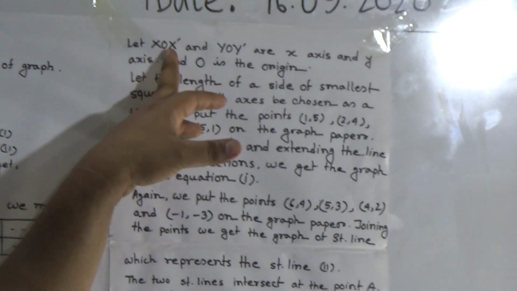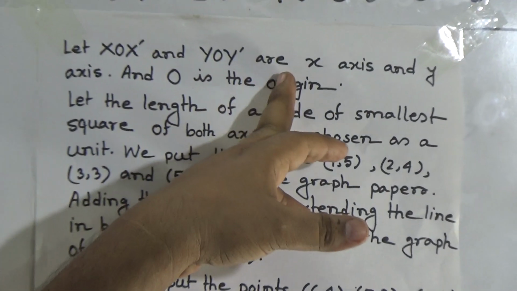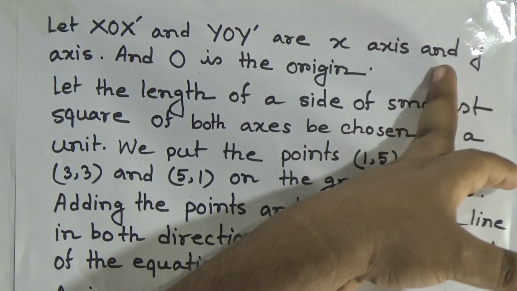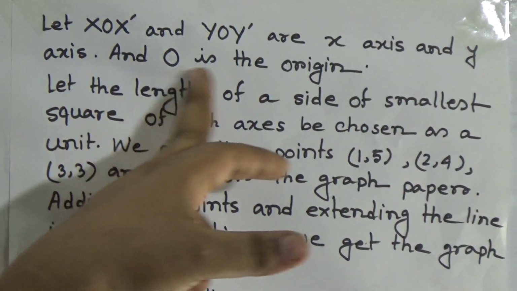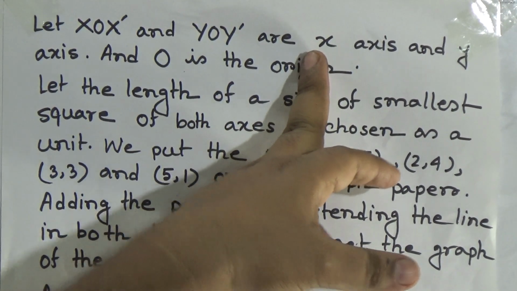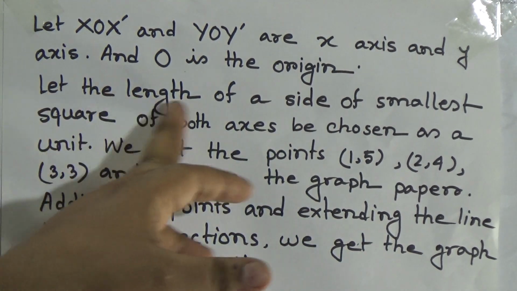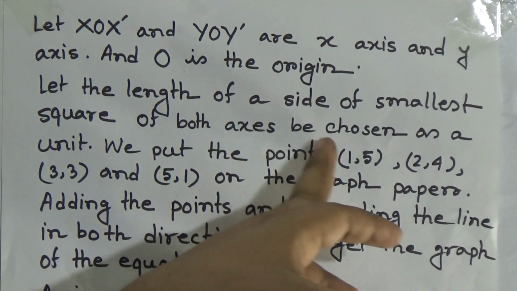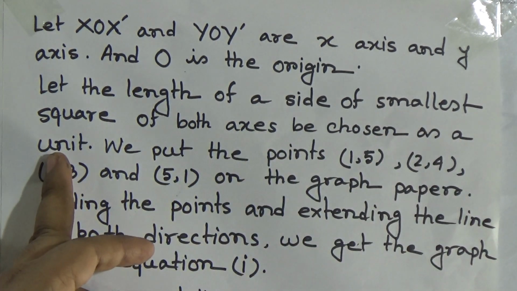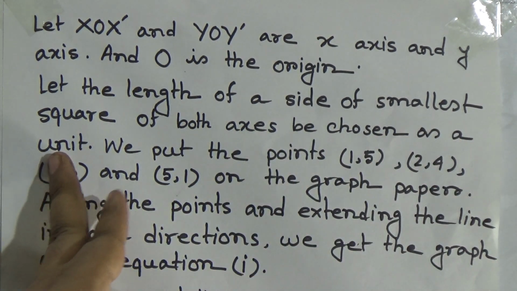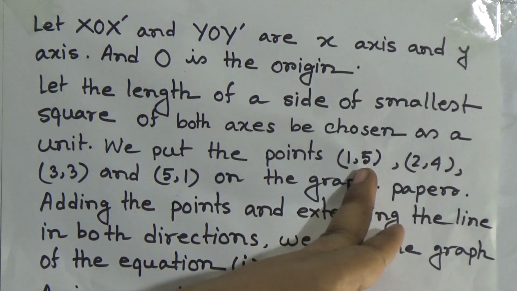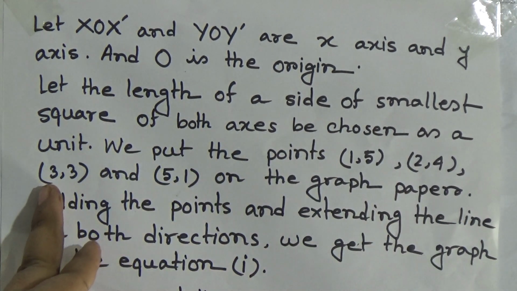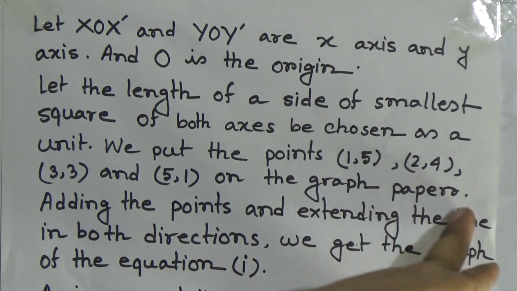Notice XOX prime and YOY prime are x axis and y axis, and O is the origin. Let the length of a side of the smallest square of both axes be chosen as a unit. A unit means 1 unit. Okay, we put the points 1, 5, 2, 4, 3, 3, 5, 1 on the graph paper.